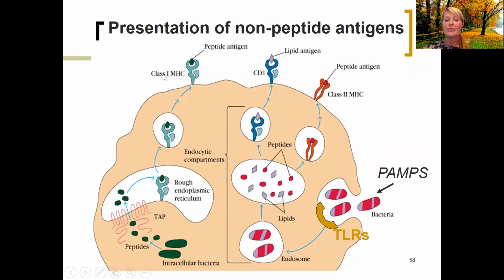So now you've got the complete ability to display all kinds of antigen on the surface. They will stimulate the appropriate kind of T cell responses or combination of responses, because sometimes, like this example, a peptide is going to be displayed and a lipid is going to be displayed. So you're going to get your gamma delta T cells, and you're going to also get your cytotoxic T cells. So you're going to help to optimize your immune response.